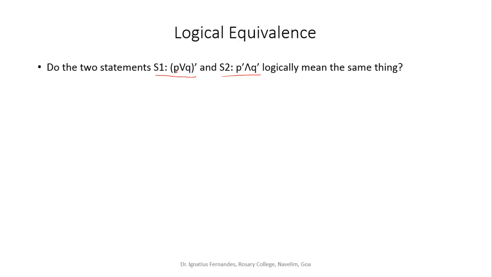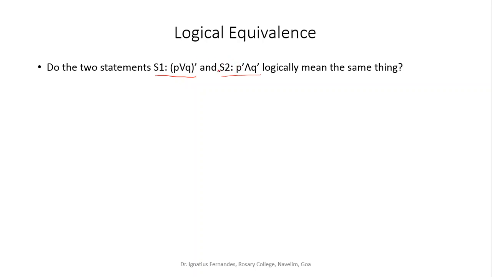Now P and Q are logical statements, and we know that a logical statement can be either true or false. So depending on what values of P and Q I put here, both the statements S1 and S2 should give us the same truth value if they are logically equivalent.